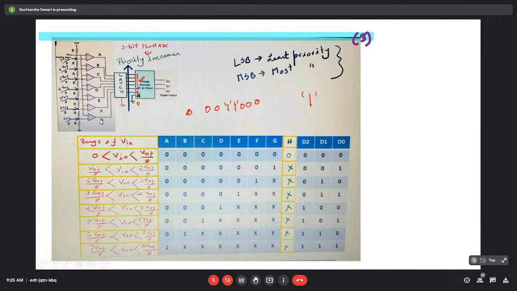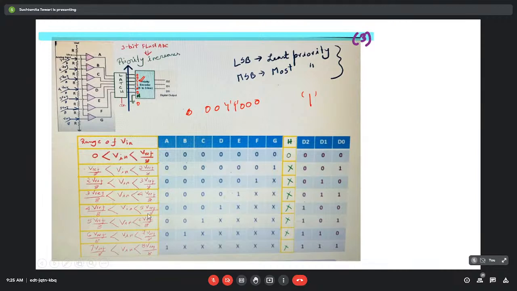So this one signifies the range V reference by 8 to 2V reference by 8. Similarly, if we move upward up to the last bit, it will define the range from 7V reference by 8 to V reference, or 8V reference by 8. When it crosses this or becomes equal to this, the output will be 1.